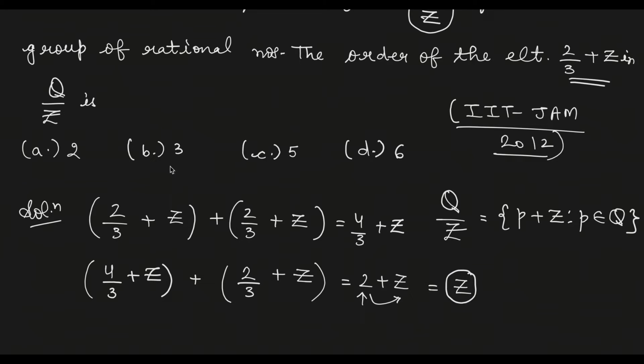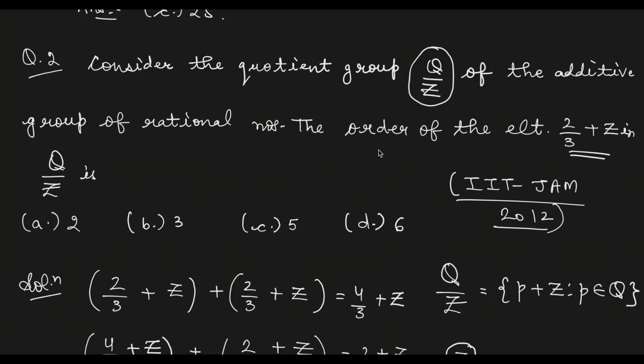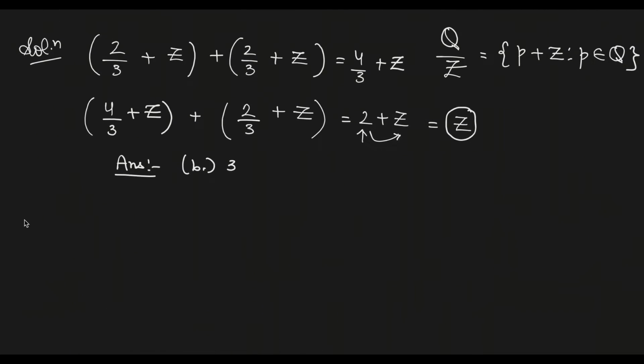So the order of 2/3 + Z will be 3. Is this clear? Yes, the identity lies in the denominator part. Now it is clear.